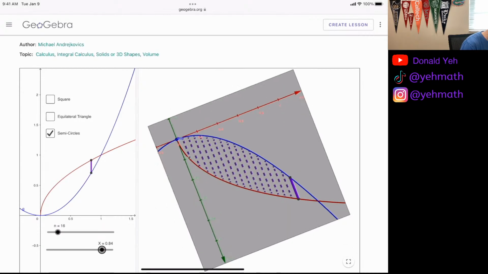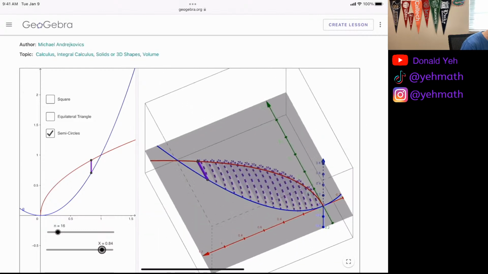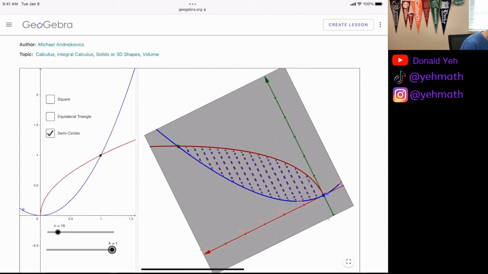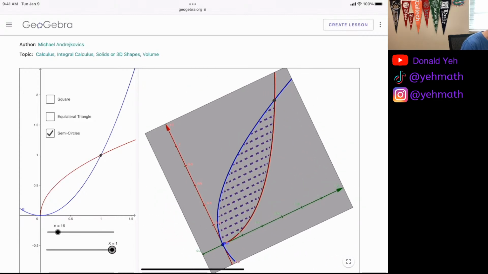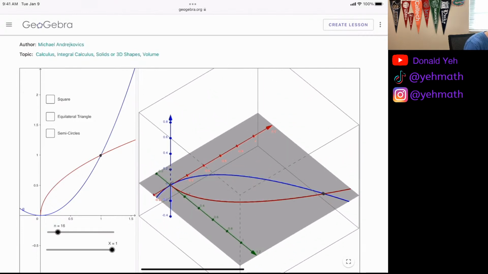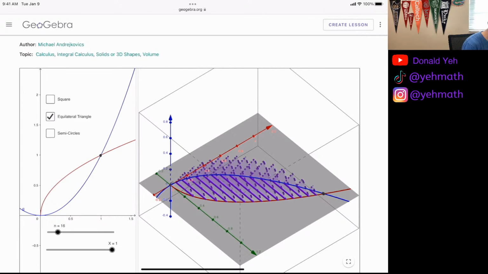And this looked like a slug. Yes, it looked like a slug. But you can also do a triangle. Now it doesn't look like a slug anymore. You can have a square.